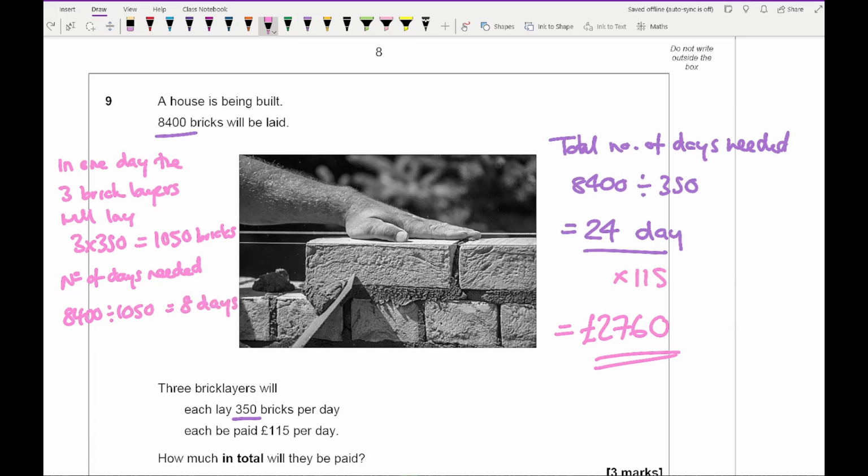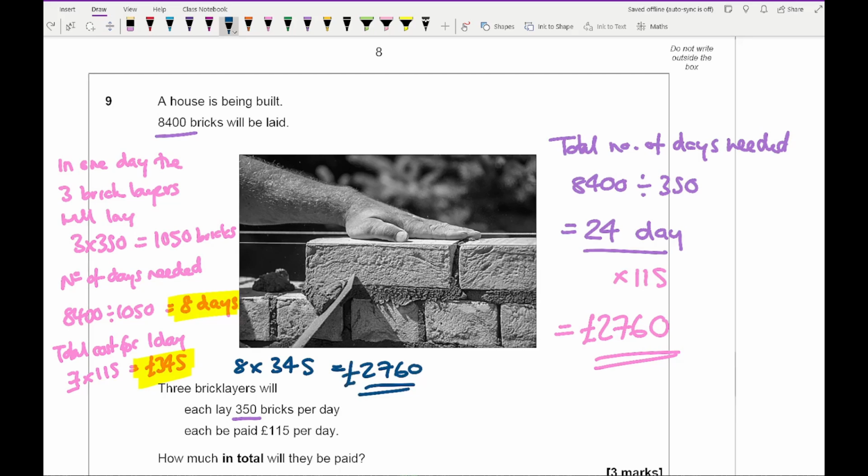And the total cost for one day is 3 times 115, which on the calculator is £345. So another way of doing this is if I do 8 times 345, I get an answer of 2760. So again, just another way of getting the same answer.